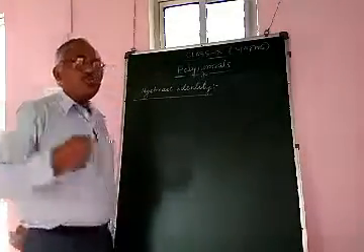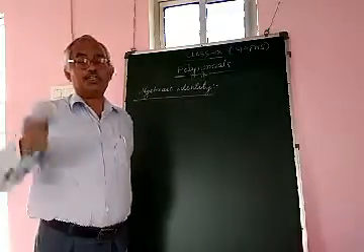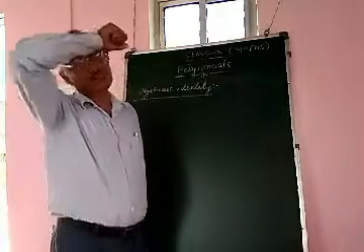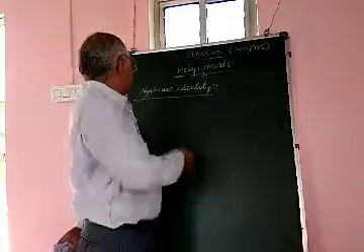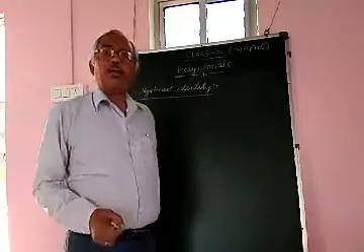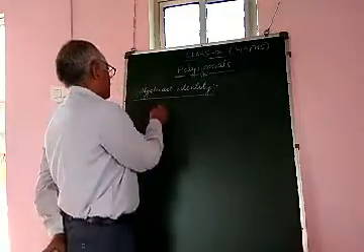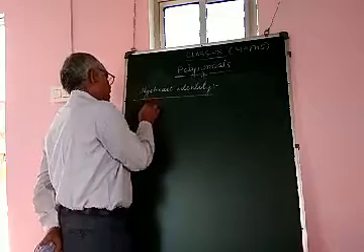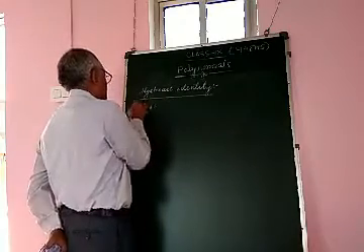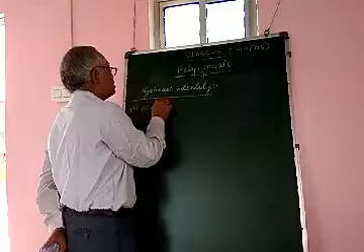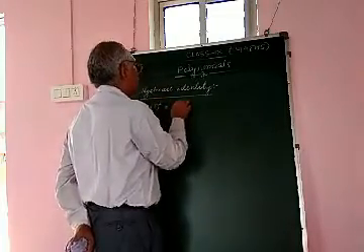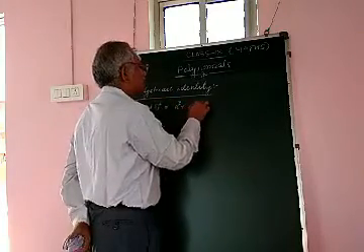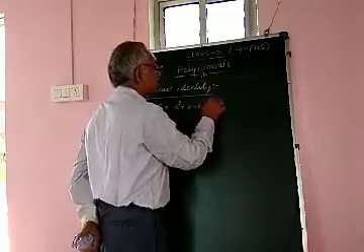Now I am writing some important identities. First, a plus b whole square is equal to a square plus 2ab plus b square.